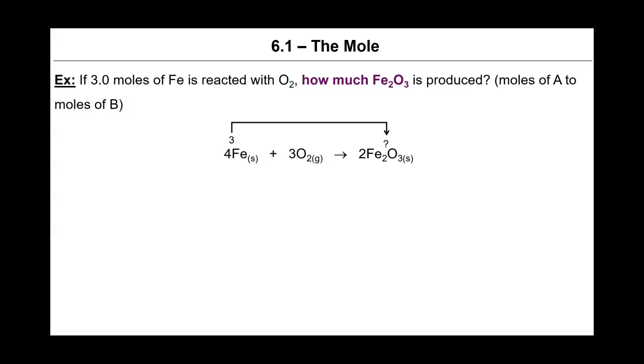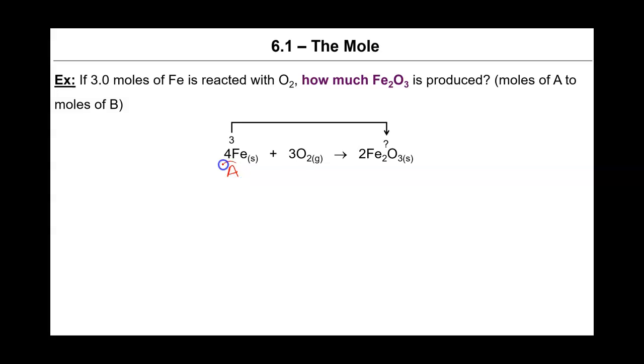Another way that we'll use mole ratios is in the context of a balanced chemical equation. So in this problem, we're told that 3 moles of iron is reacting with O2, and we're asked to calculate how much Fe2O3 is produced. This is often described as a moles of A to moles of B problem.